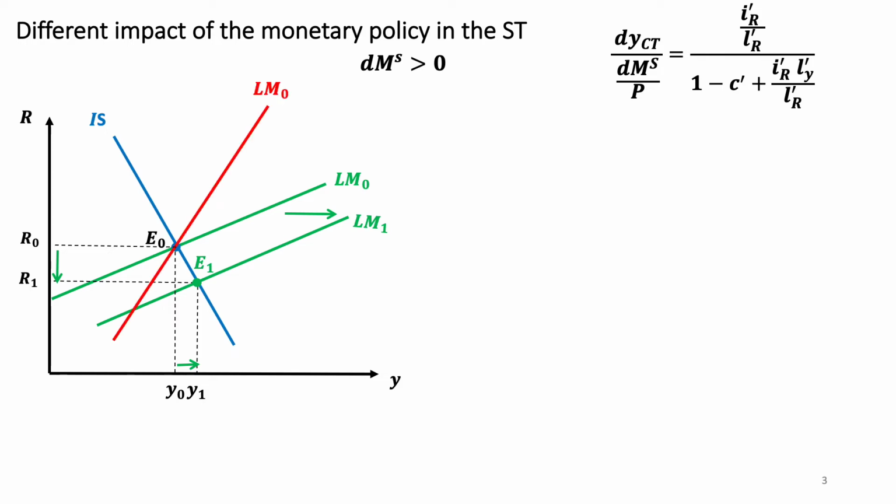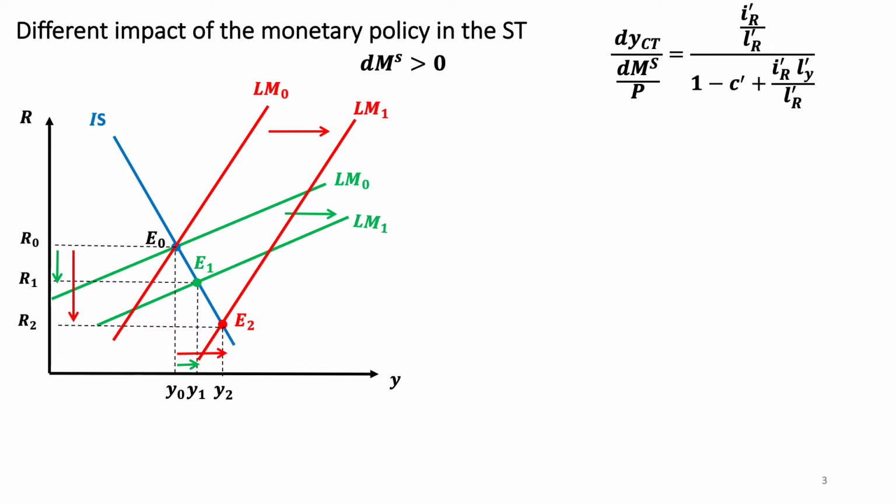Suppose now that the LM curve was much steeper. We start from E0, LM shifts to the right because of the increase in money supply, and the new equilibrium is at E2. We can see that income is higher at E2 than at E1, and the interest rate has decreased more. Indeed, in this case, LM is steeper, so the sensitivity of the money demand to the interest rate is low.